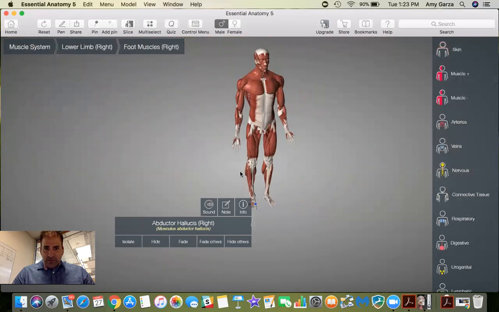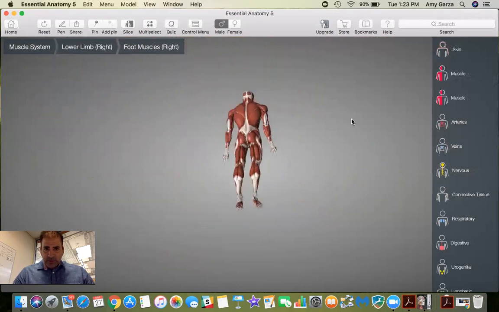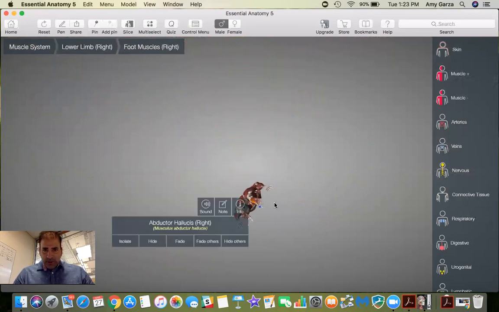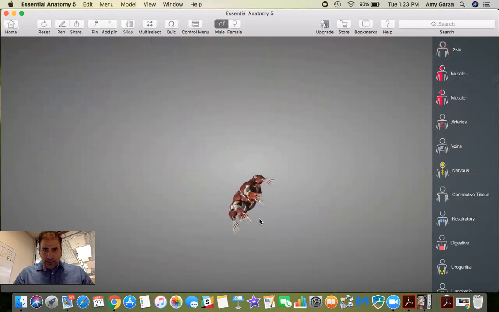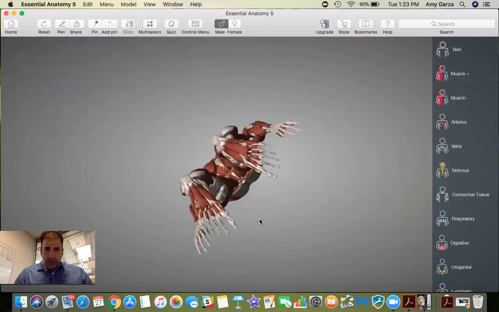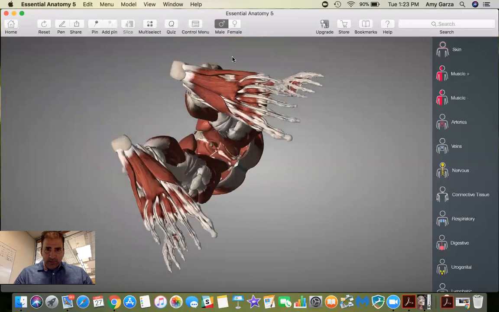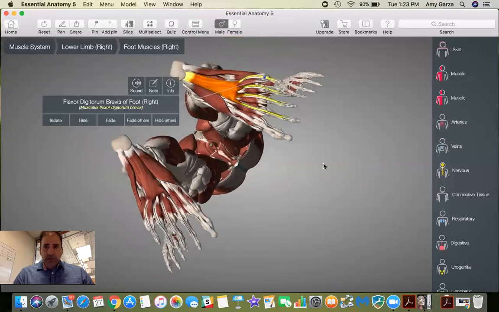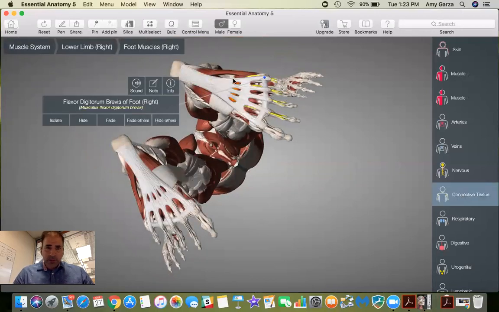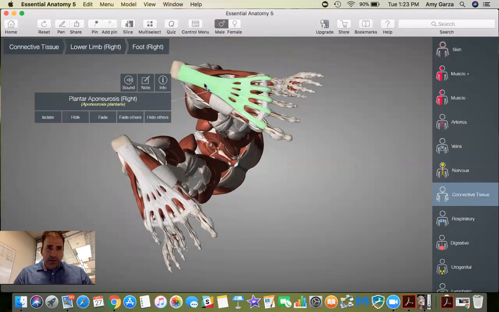The plantar fascia that I was talking about is going to be right underneath some of these muscles, so I'm going to zoom in so you can see that, and then retract some of these muscles. That right there is the plantar aponeurosis, or the fascia that we call the plantar fascia.